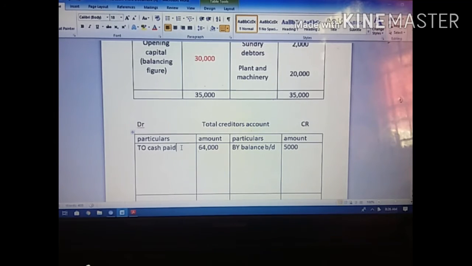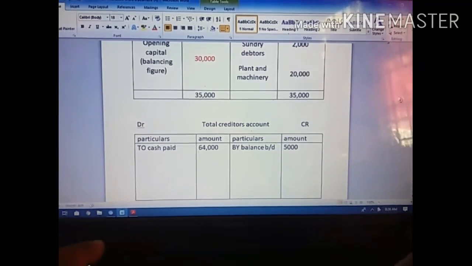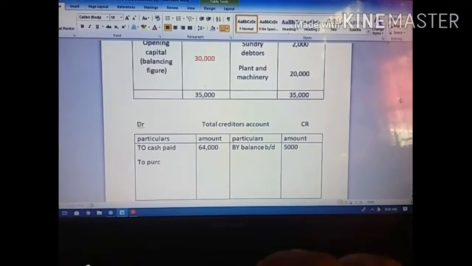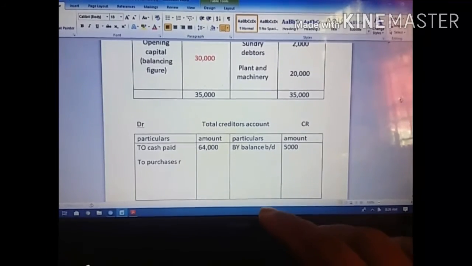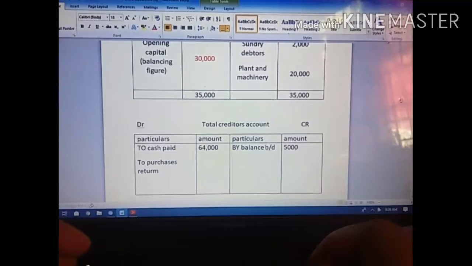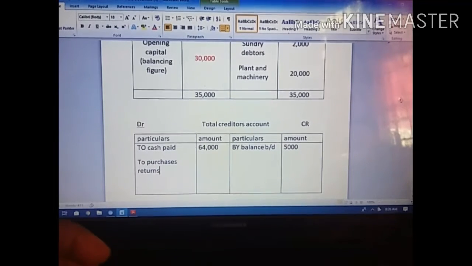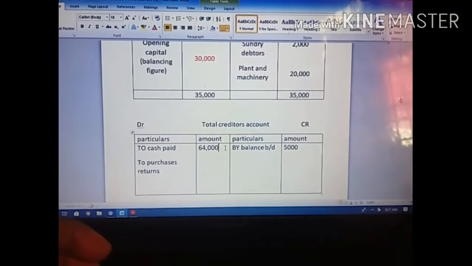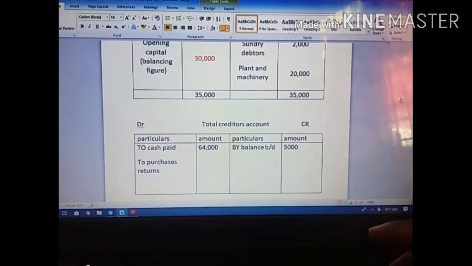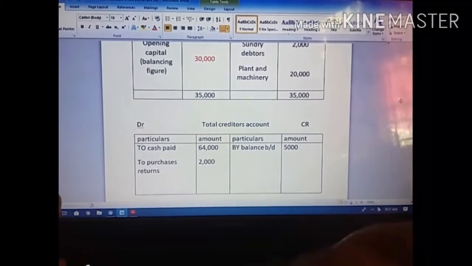Then purchase returns also is there. So to purchase return. So purchase return also they are given. So purchase return 2000. So that I have to enter here.